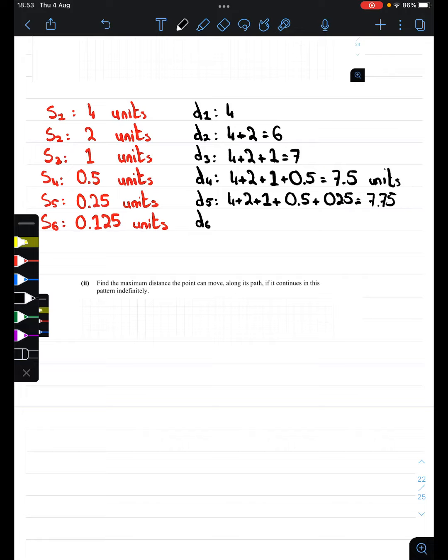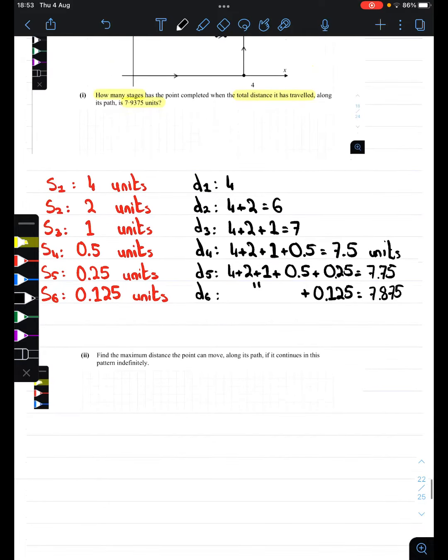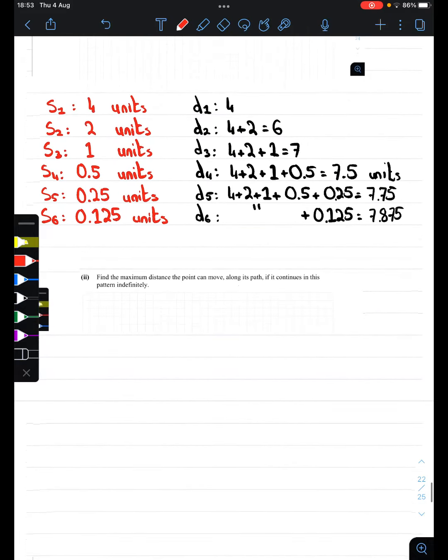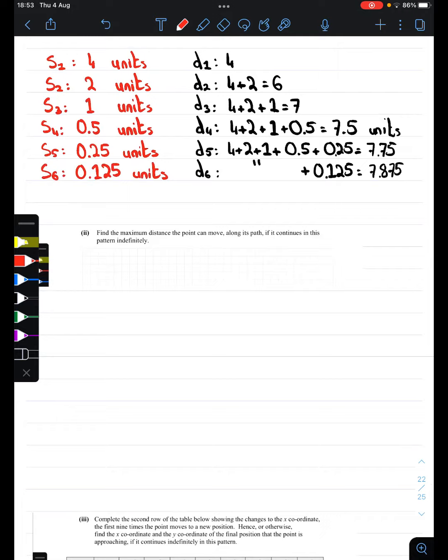After 6 stages, we've traveled all these plus 0.125 equals 7.875. Okay, so we still haven't traveled far enough, so let's calculate how far he travels on the 7th go. Well, it's half of this again, so 0.0625 units.